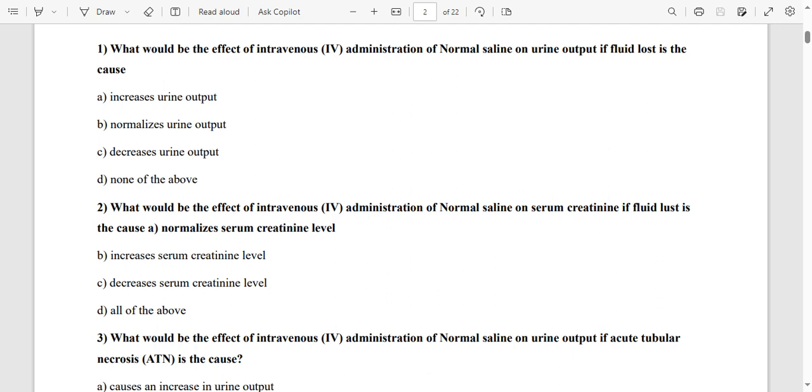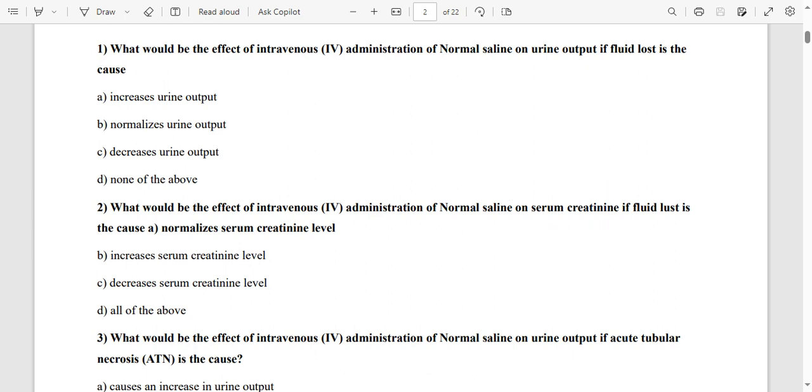What would be the effect of intravenous administration of normal saline on serum creatine if fluid loss is the cause? Now, here we're not talking about the effect of normal saline on urine, but on serum creatine. Creatine is a product that comes out of muscles when you're exercising.